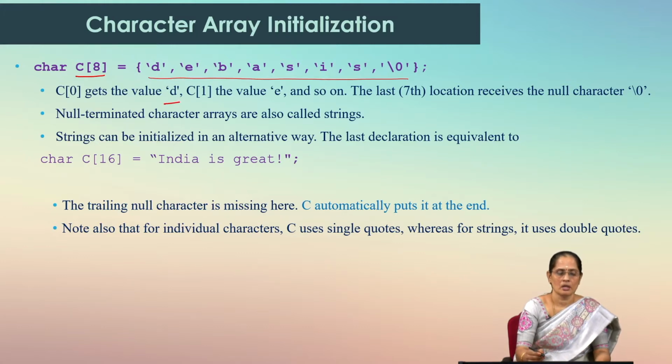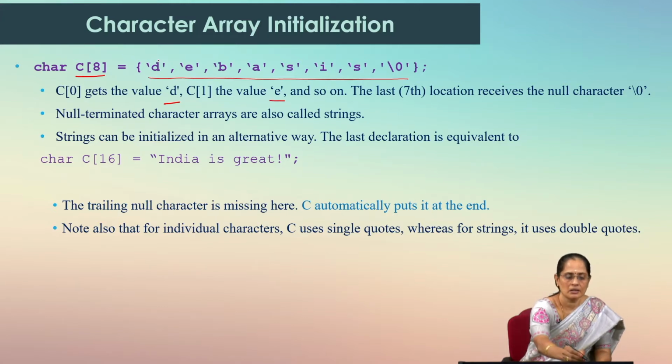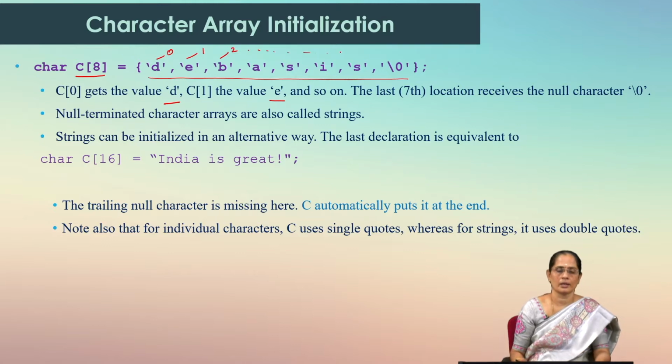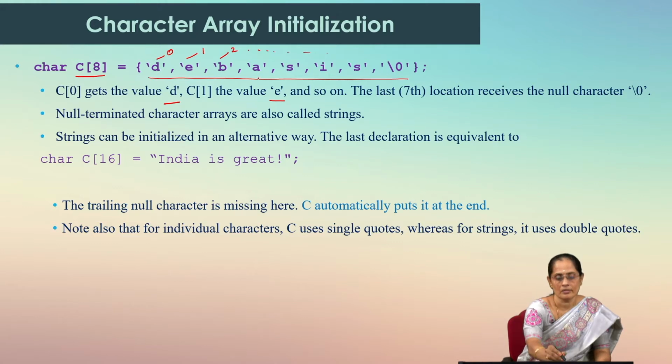C[1] will be assigned the character E. This will be index 0, this will be index 1, this will be index 2, and it goes on in an array. Since 7 characters can be occupied in this array, we can see that the indices of the characters would be assigned this way.